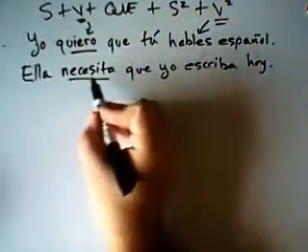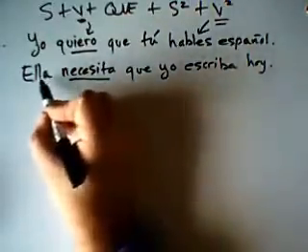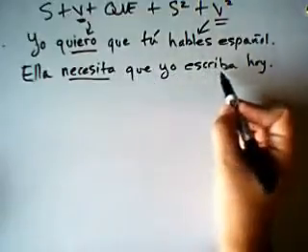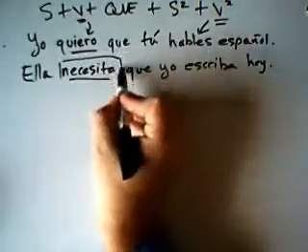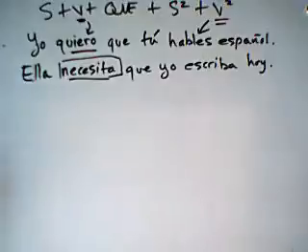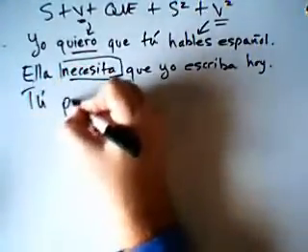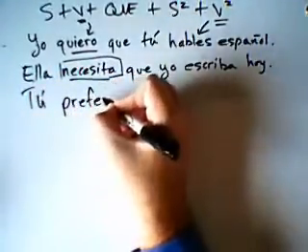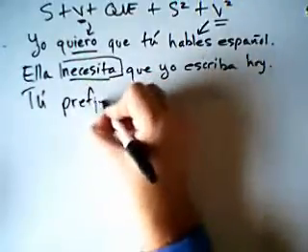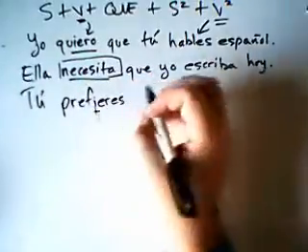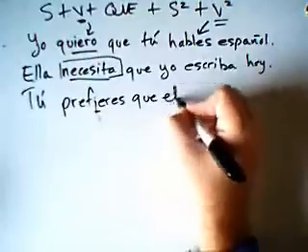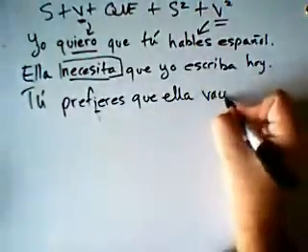Okay? Subject, verb, que, second subject, verb. And the key thing again is this verb triggers the subjunctive because it is a verb of persuasion or volition. Another example, you prefer that she goes. Okay? Tú prefieres, a stem changing verb, que ella vaya.